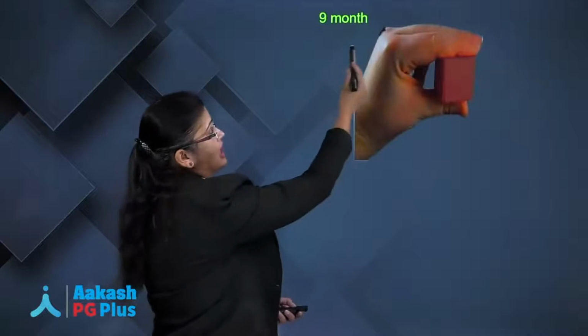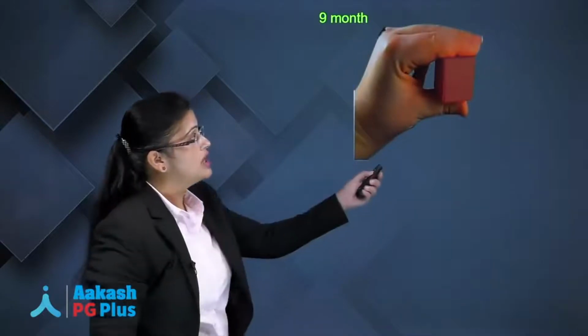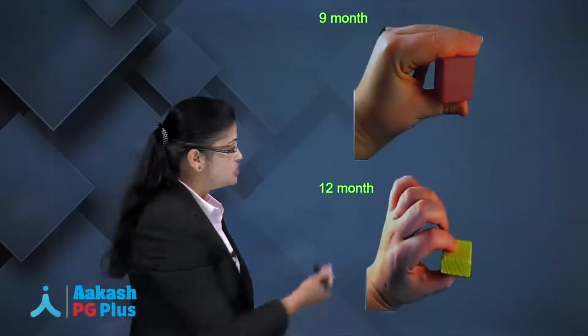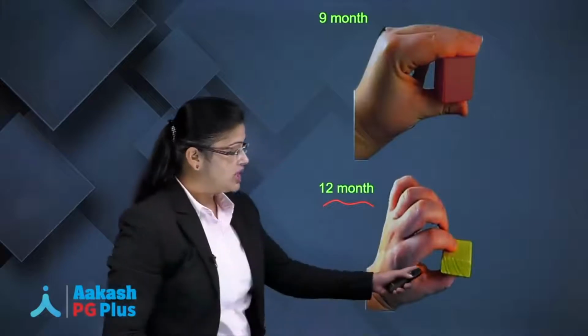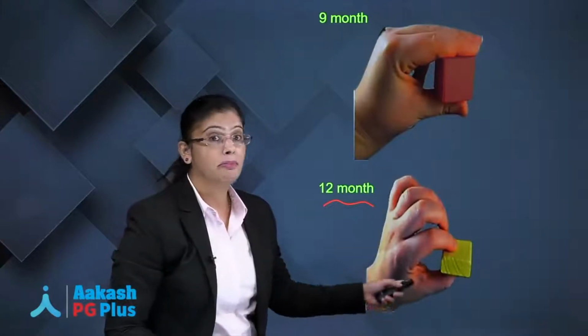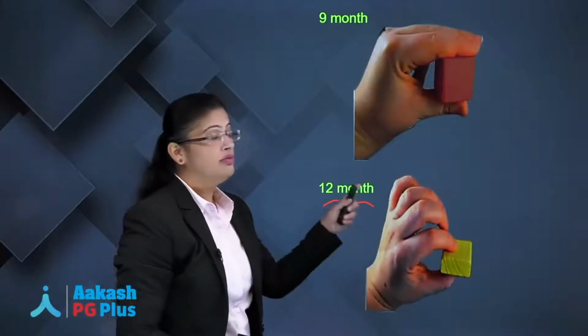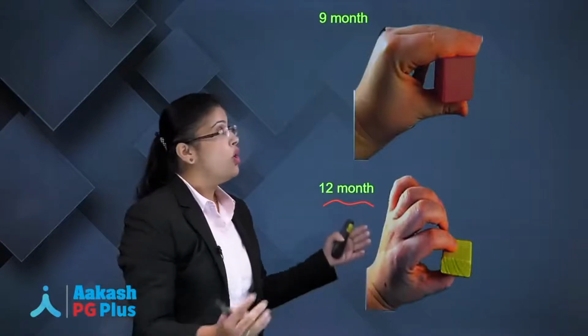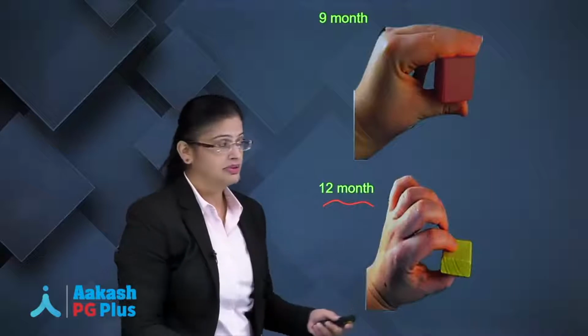So at 9 months of age the child attains the immature pincer grasp. And following this, at around 12 months of age, the child attains a mature pincer grasp. These are very important MCQs that you repeatedly get in the exam, all collated under the grasp.